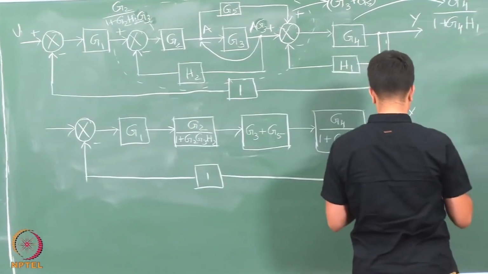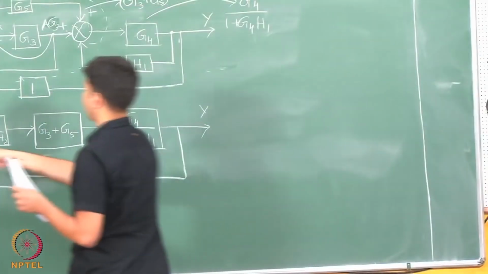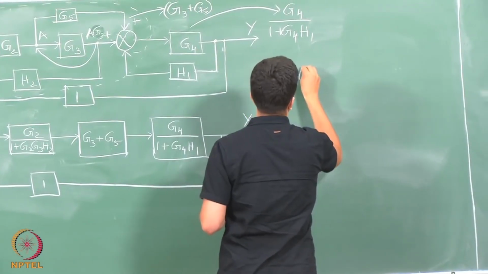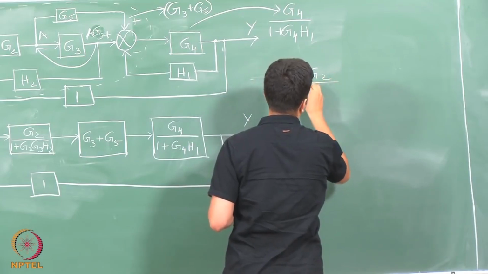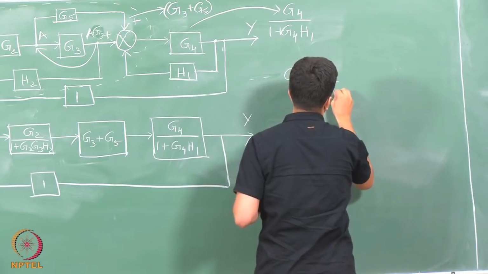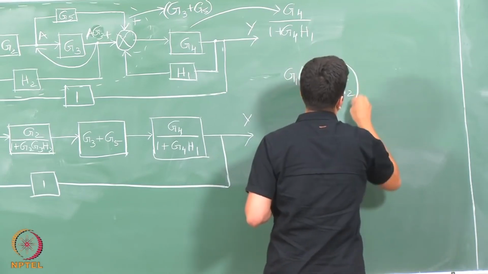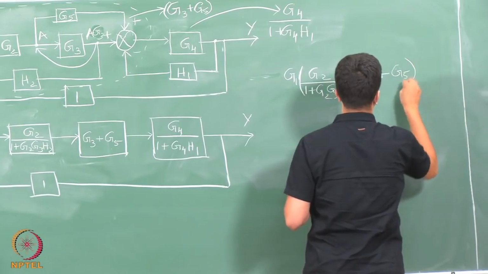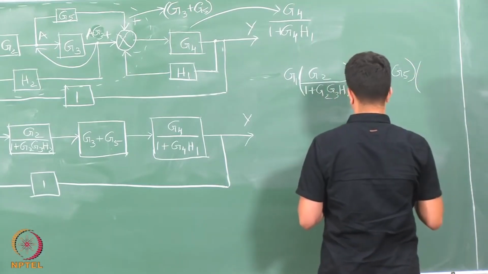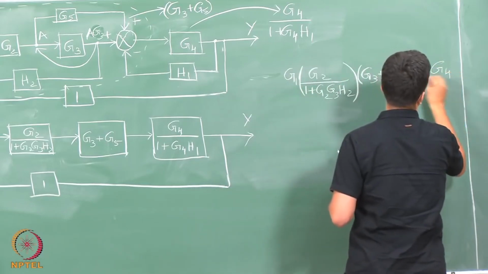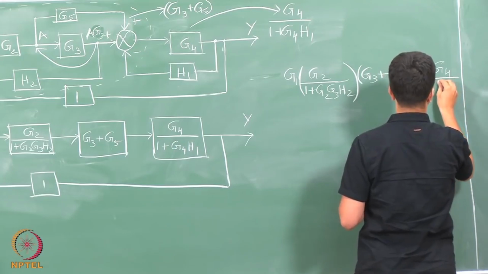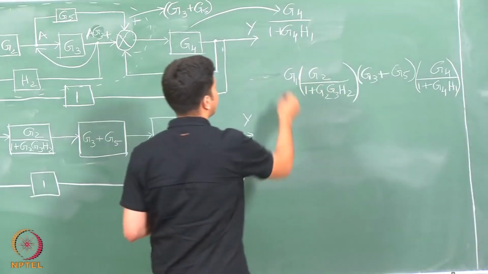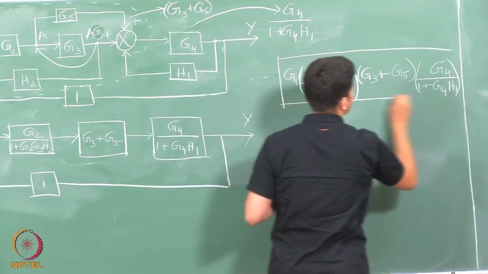So, once I apply that, the cascade will be something like this: G1 times G2 by 1 plus G2 G3 H2, times G3 plus G5, times G4 by 1 plus G4 H1. So, this will be in a single block now.